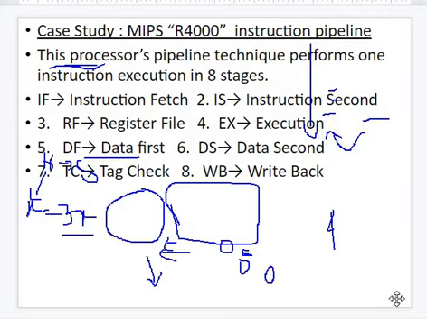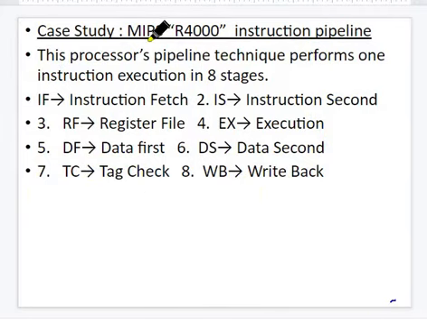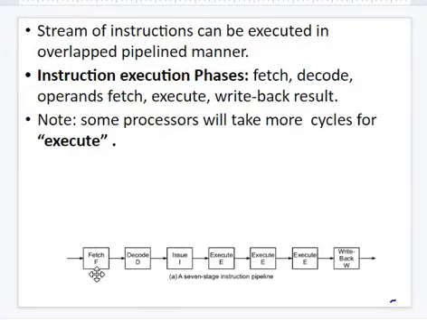Now comes the next case study, the MIPS R4000, which is one processor. Its instruction architecture we are studying now. As I mentioned, the previous case had 1 fetch, 1 decode, 1 issue, 3 execution, 1 write back.